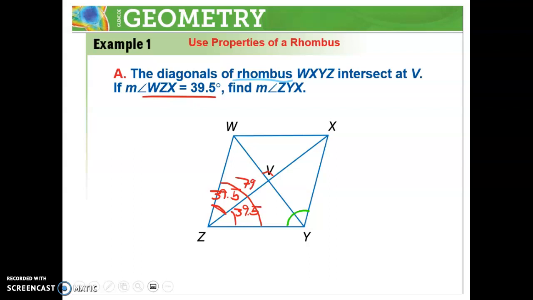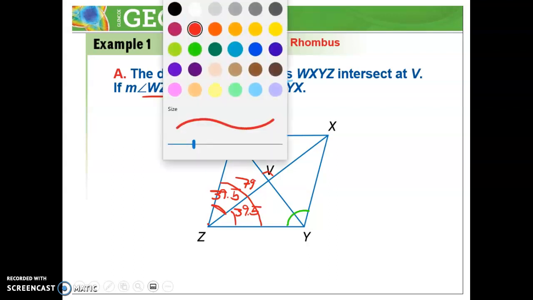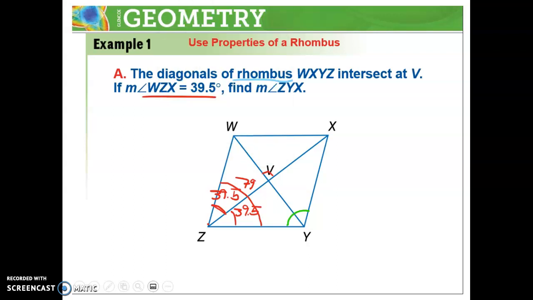Now, if we know that this thing right here is 79 degrees, let's do it with a different color, orange here. We know that these two angles equal 180 degrees, right? So we have this one at 79, and together they equal 180 degrees.